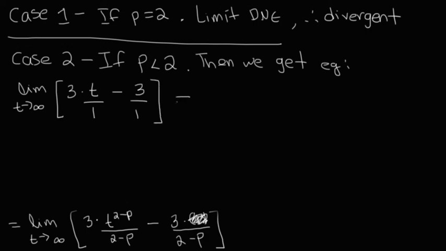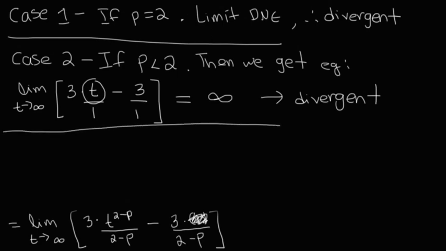And this limit would be equal to infinity, because you would put infinity for t. 3 times infinity is infinity, minus 3 is still infinity. Okay, so in this case, we would say that it is divergent as well. Now, I chose 1. You could choose anything less than 2, like, let's say p equals 0, p equals -1. It doesn't matter. All of those cases will always give you a limit that's equal to infinity.